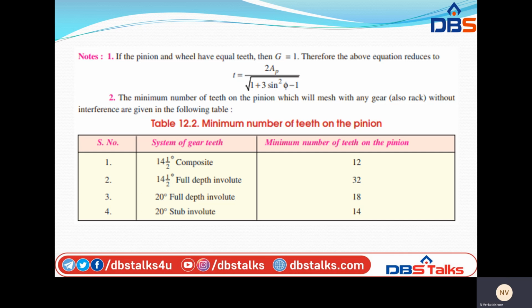Then in this case, the number of teeth on the pinion which meshes with any gear without interference, whatever may be the design of the gear, that is either helical or involute or cycloidal or rack or spur gear, like that.